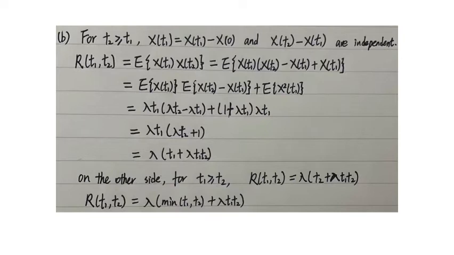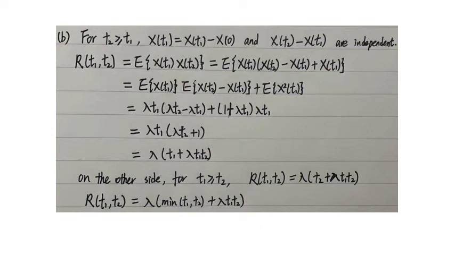So we got that R(t1, t2) when t2 is larger than t1 equals E[X(t1)X(t2)] equals E[X(t1)(X(t2) minus X(t1) plus X(t1))] equals E[X(t1)] times E[X(t2) minus X(t1)] plus E[X squared(t1)].